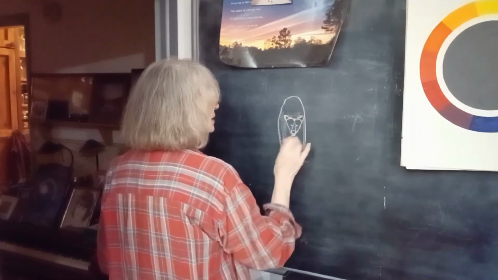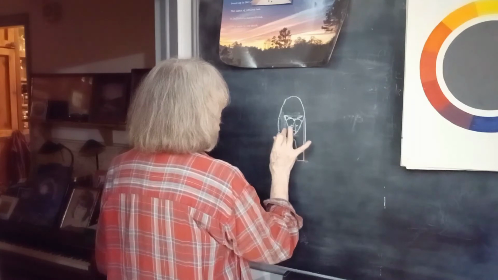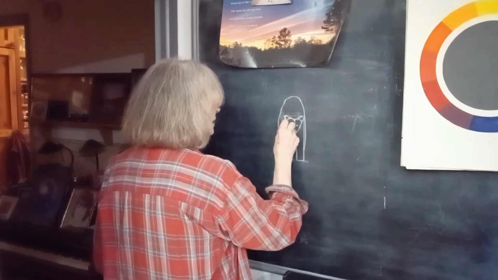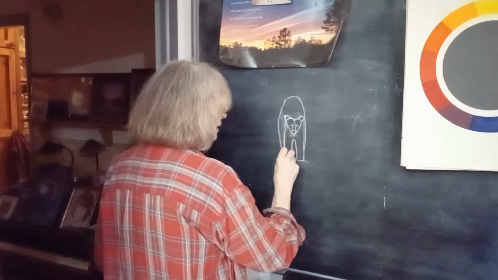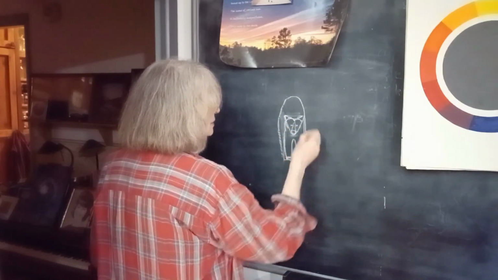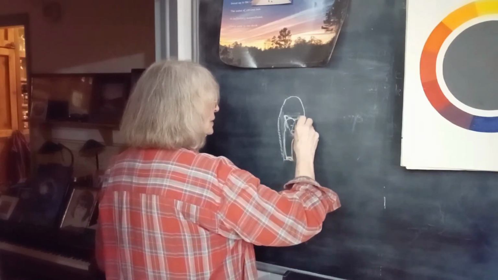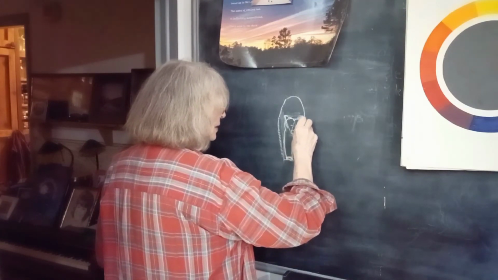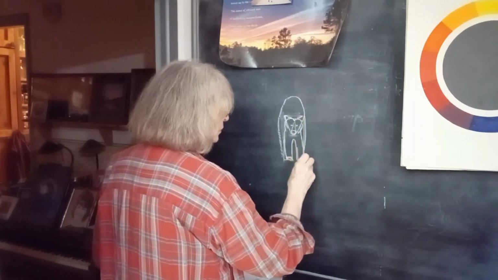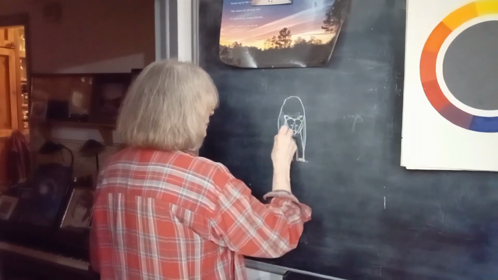Then we can start taking those lines and things loose. This can come down, and this can come out and around with a foot forward. This can come out and down with a foot forward, right in there.